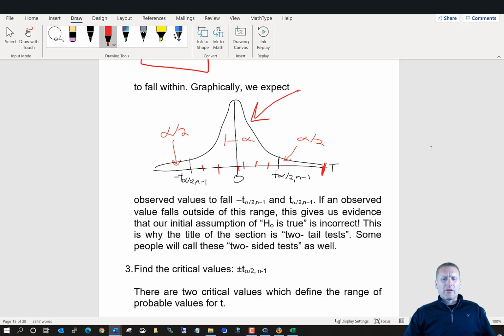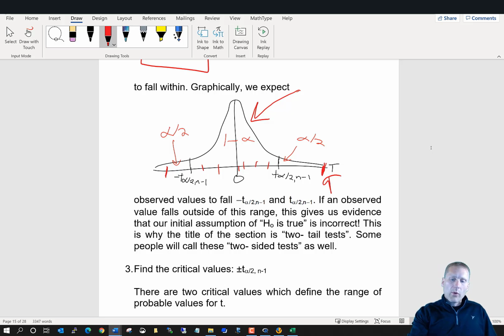I got this particular test statistic, but it falls so far out from the center of the t distribution. Something must be wrong. Maybe my original hypothesis for what mu is equal to in terms of the null hypothesis is actually incorrect. Same thing would occur, let's say, if I'm way out here as well.